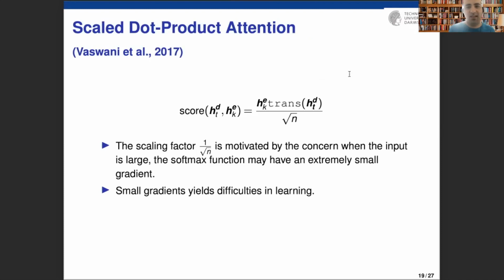Okay. One of the important and also recent types for computing the score is scaled dot-product attention, which is defined based on the memory architecture in computer science, where we define some key, query, and value.